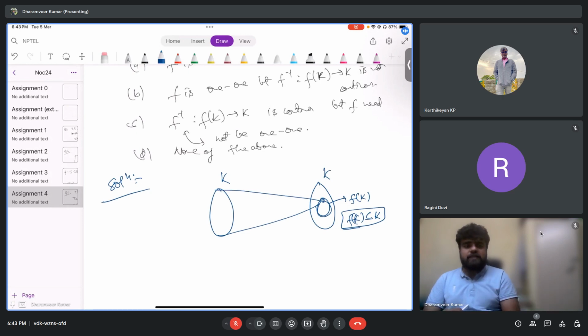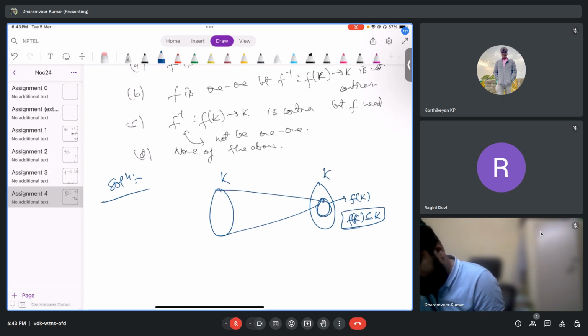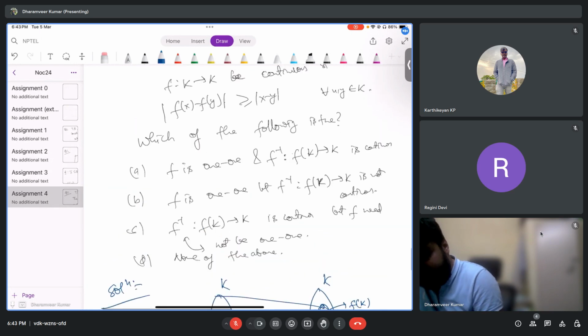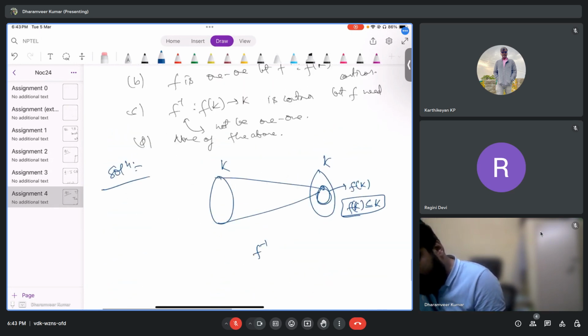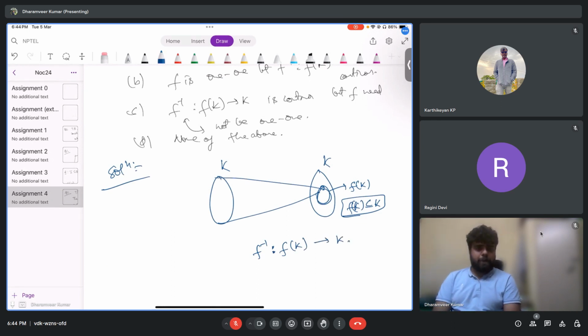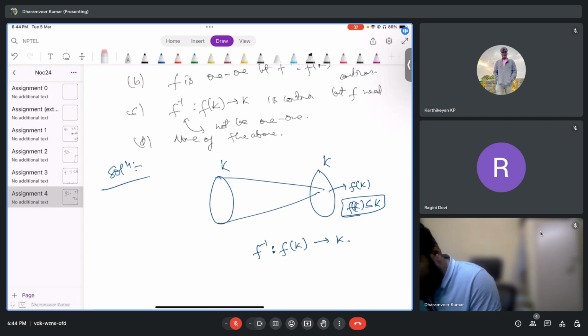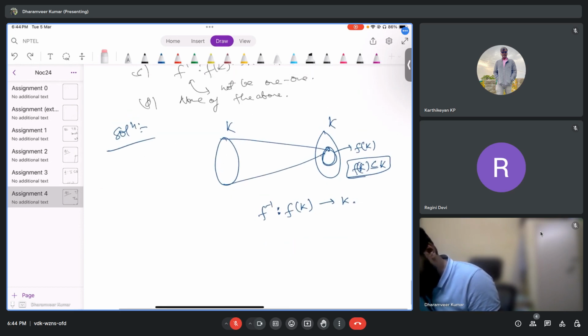Now it's asking, is it 1 to 1? I'm not using this property yet, I'm just saying in general, if these are 1 to 1, you can define this. Why? Because let's say it is not 1 to 1, and there are 2 points going to 1 point over here.